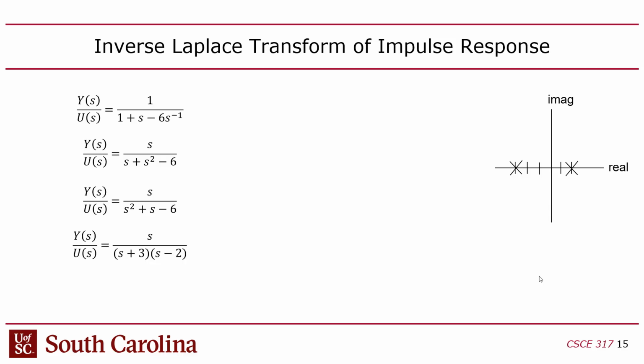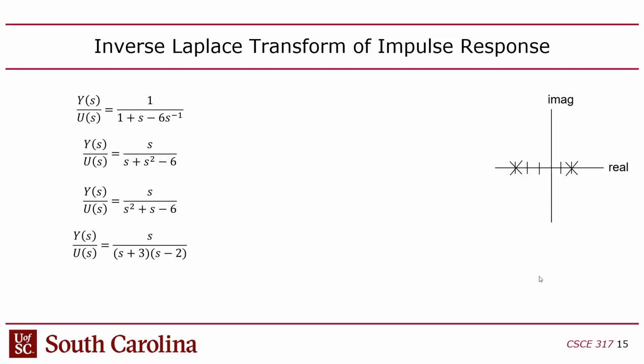Make sense? Now you might say, I thought you said those were complex numbers. I thought s was complex. It is. There just happens to be, in this case, the imaginary part is 0, so all I get is the real part. Now, is this a bounded or unbounded function? Well, it turns out it's unbounded because one of the real parts is positive.